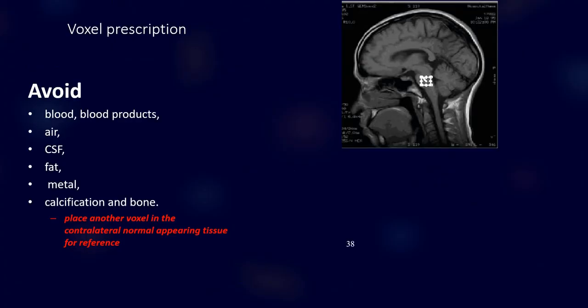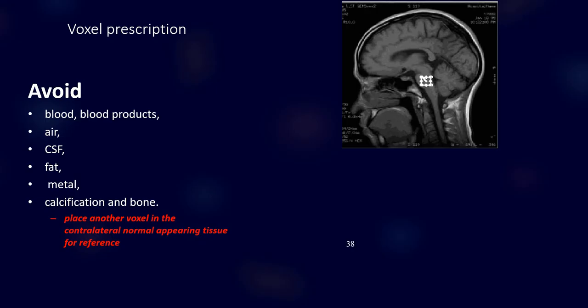But we have to know how we can use MRS. In many cases, we do MRS in non-indicated and non-suitable cases. The clinician requests MRS, but it's not a case where it can be useful. So we use MRS, but we have to avoid blood and blood products.